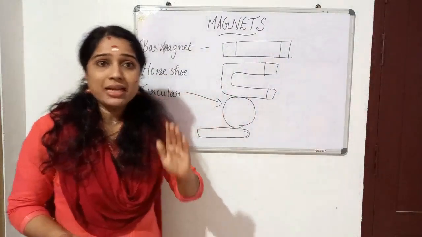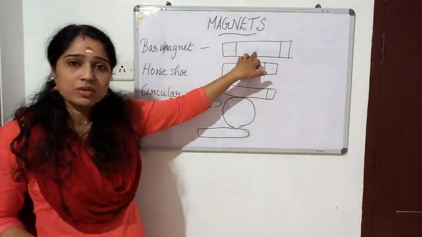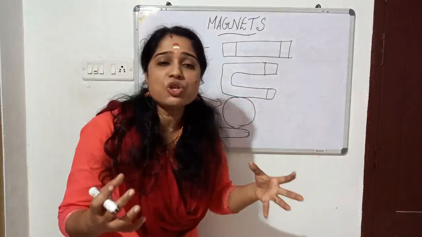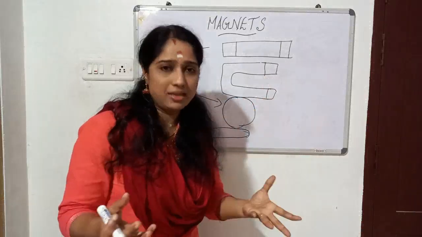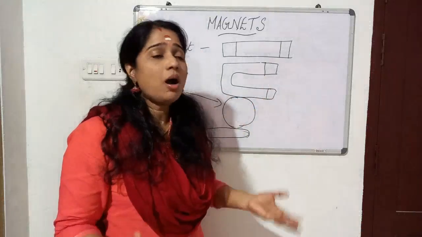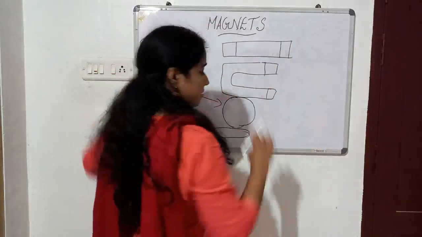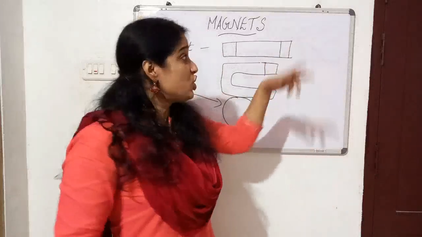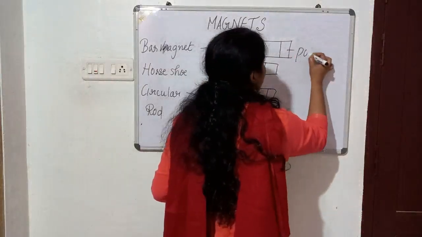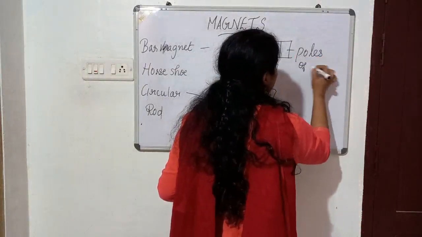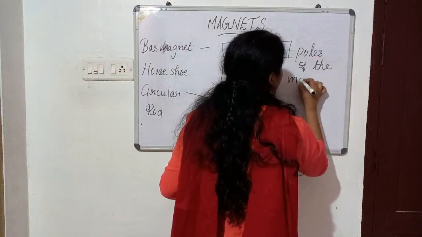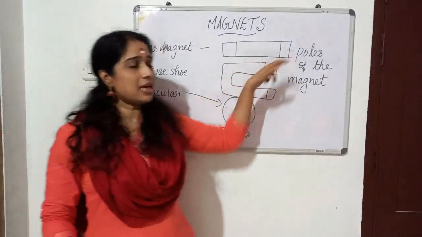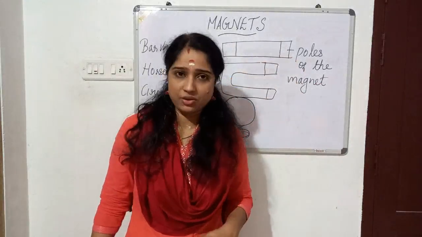It doesn't mean that it doesn't stick here. Of course, it sticks here also, but more iron filings or safety pins can stick to these two sides. These two sides are known as the poles of the magnet. Clear?